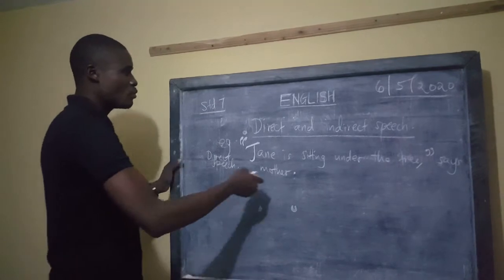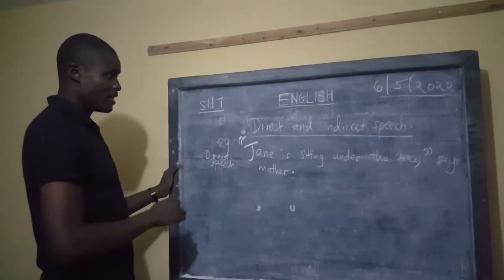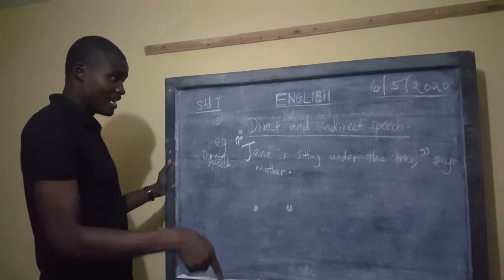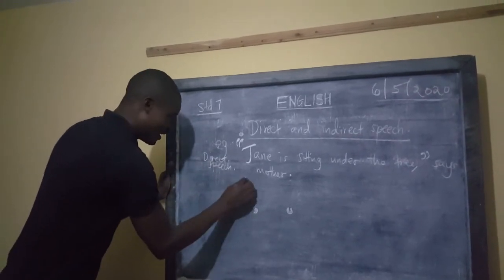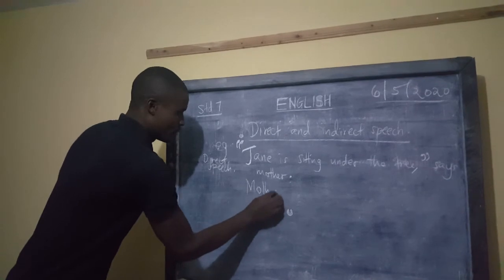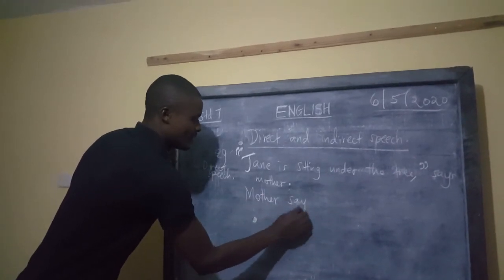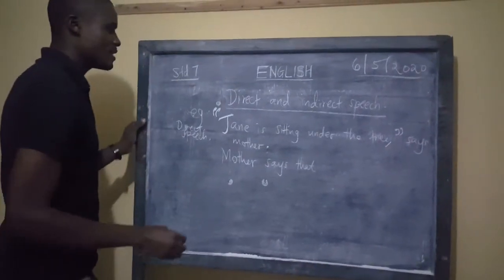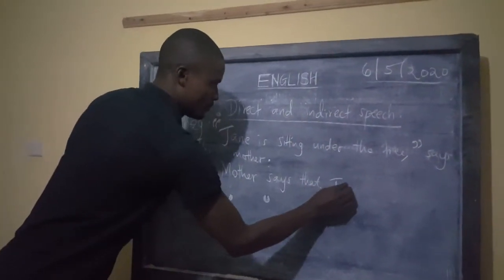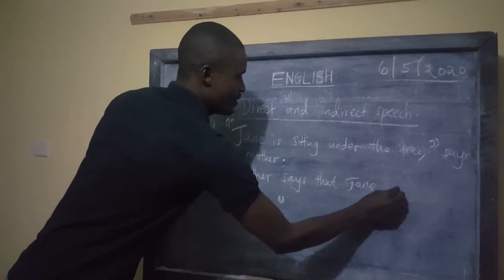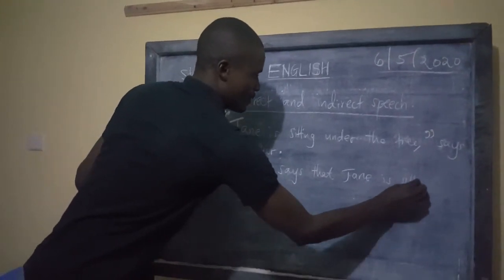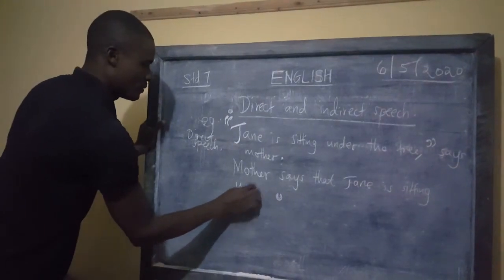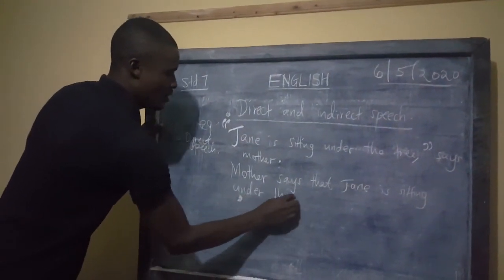So when you convert that sentence into indirect speech, we report what mother is saying at the moment, which is: we say mother says that Jane is sitting under the tree.